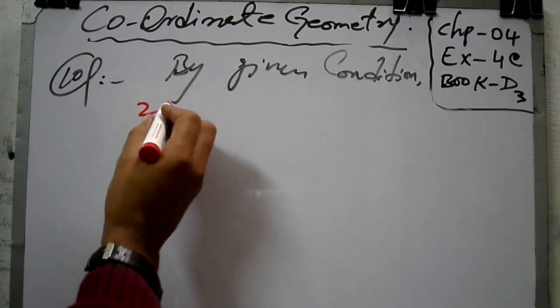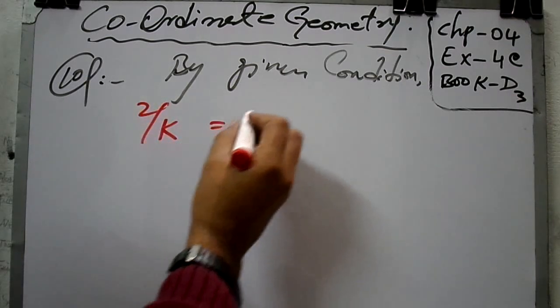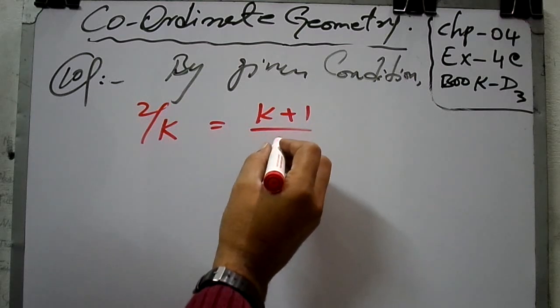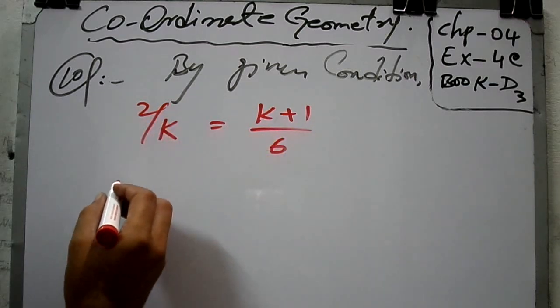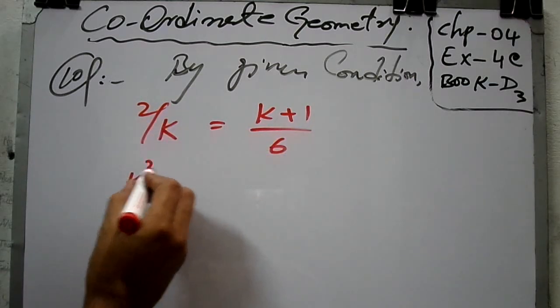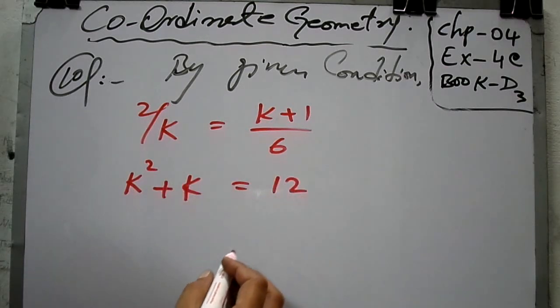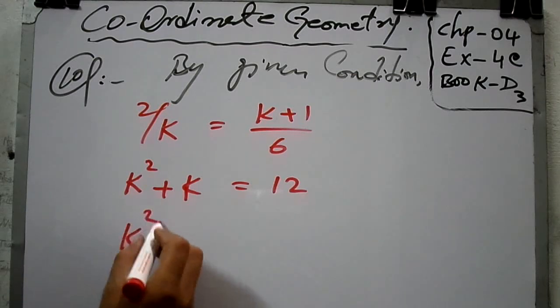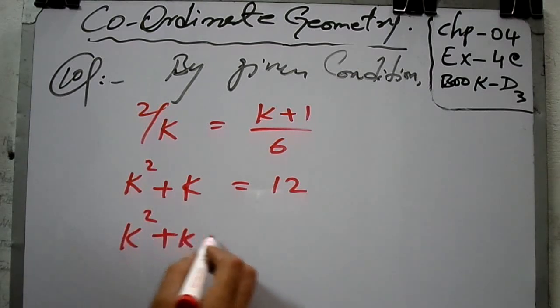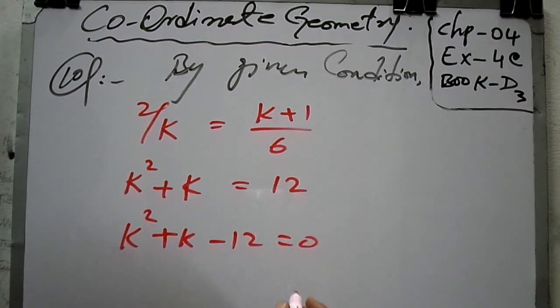By given condition, both slopes are equal, so by using cross multiplication you will get k square plus k is equal to 12. So we have to solve k square plus k minus 12 is equal to 0.